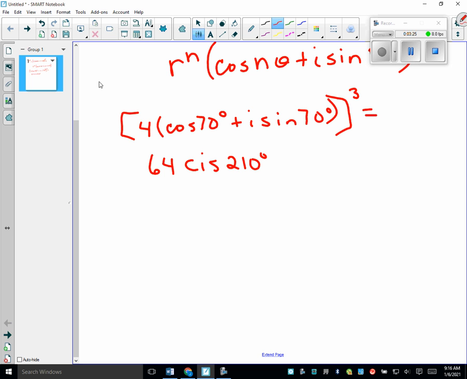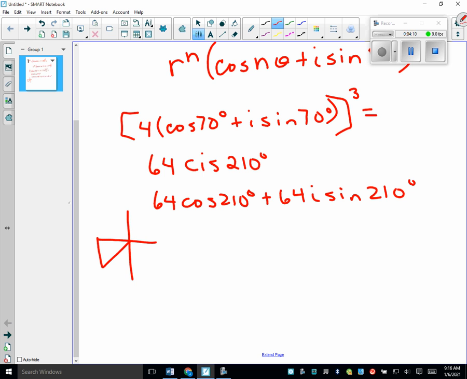Now, the problem is, today, we are not going to leave it in polar form. We're going to switch it to rectangular. You remember how to do that? Isn't it 64 cosine 210 plus 64i sine of 210? Is that right? Yeah, you agree? 210 is in what quadrant? Quadrant 3.